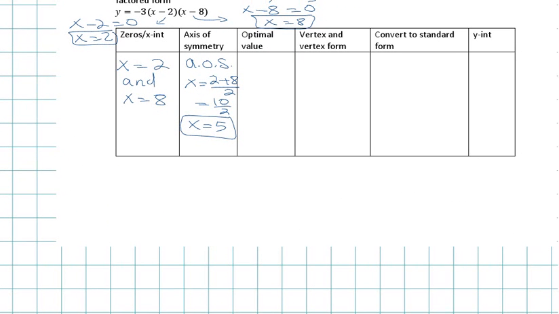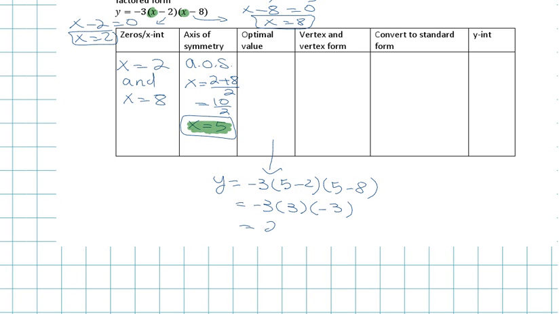I'm just going to write it down here because it won't fit. So I'm going to write y equals negative 3 times (5 minus 2) times (5 minus 8). So what I did is I plugged in the value of the axis of symmetry for x and solve for y. So that's going to be negative 3 times negative 3, which is 27.